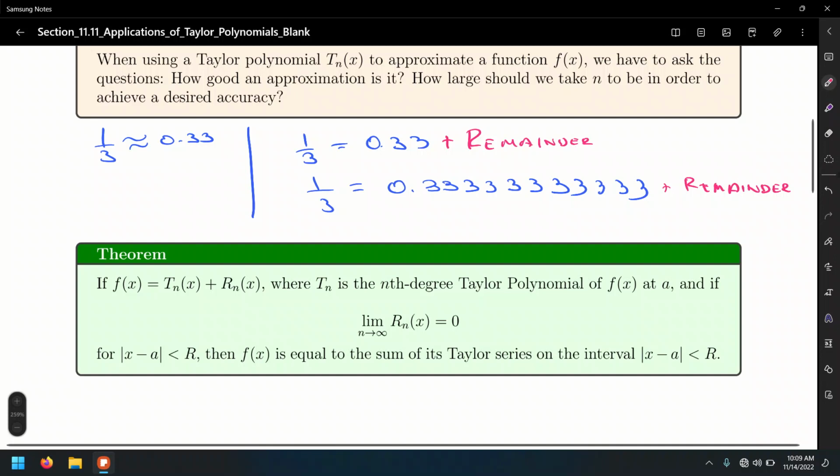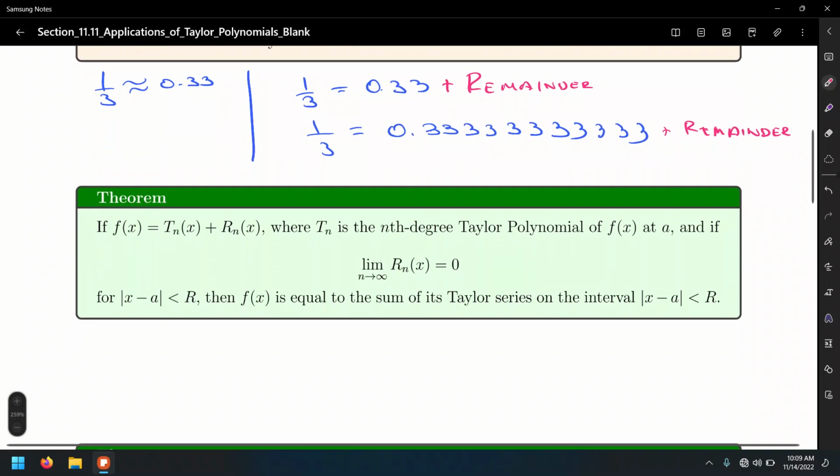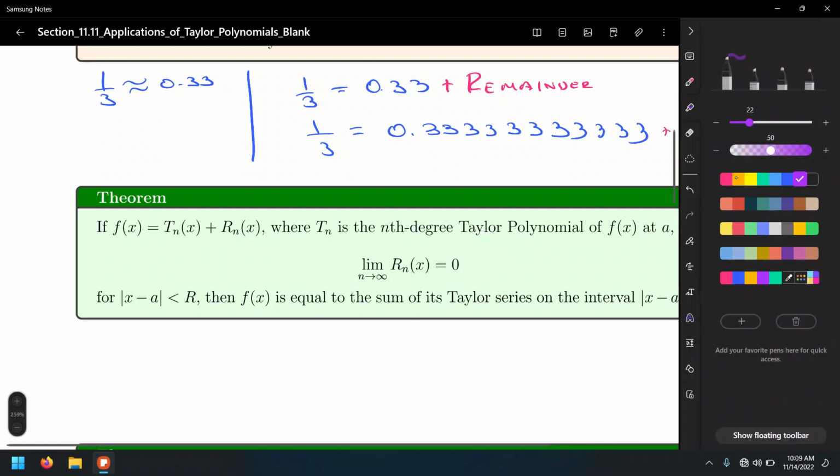So that is the numerical example. With functions, a function f of x can essentially be broken up into two parts. The Taylor polynomial in general, which could be a Maclaurin polynomial if we expand around 0, of course.